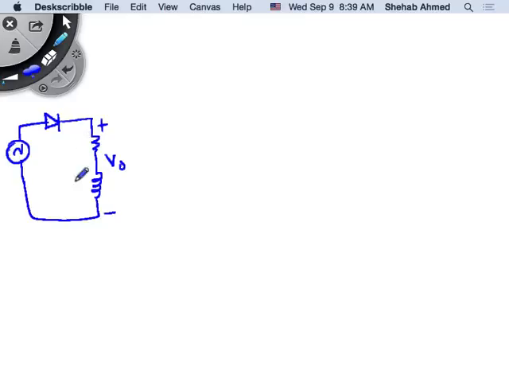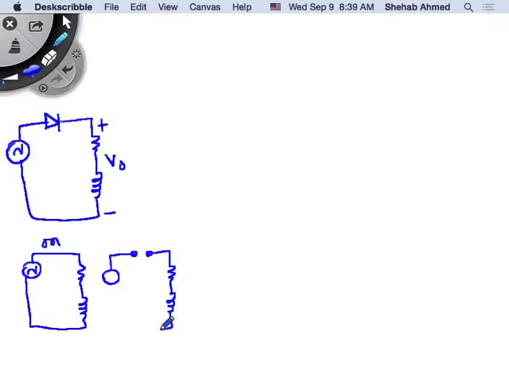When the device is on, the circuit looks like a source with a resistor and an inductor. And when the device is off, the circuit looks like this. Everybody agrees? It's either on or off, right?